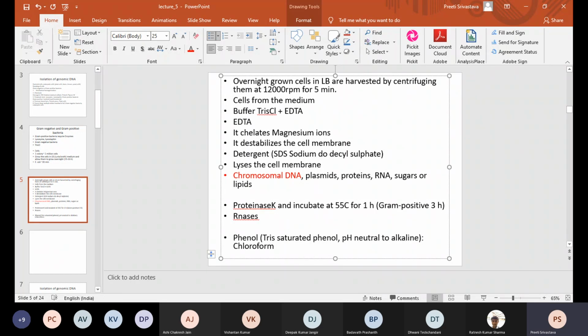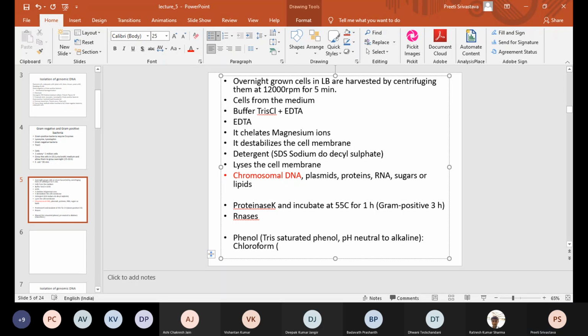This is important because when we do RNA isolation, we use acidic phenol, but for chromosomal DNA isolation, we use a neutral pH or alkaline phenol, and then we use chloroform.